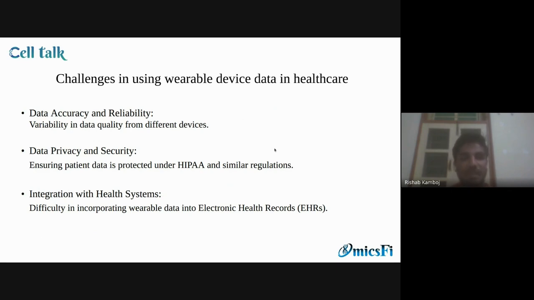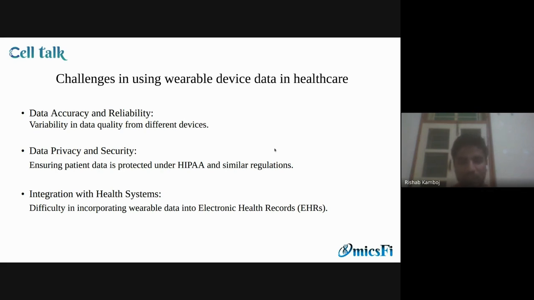Another thing is data privacy and security, ensuring that patient data is protected under the policies and regulations which are enforced. Another is integration with health systems, because there is a centralized database for any wearable device via app. Let's say we collect any kind of data, it goes to a cloud storage, a central repository.